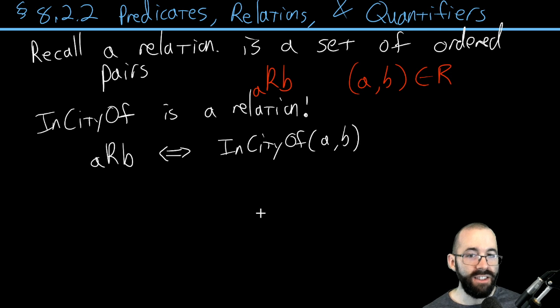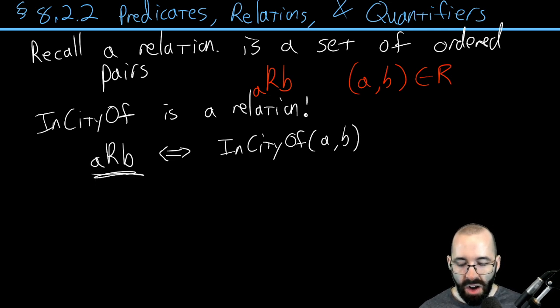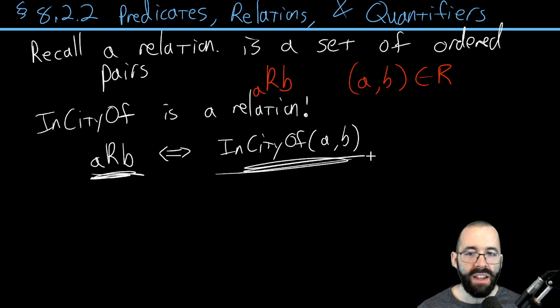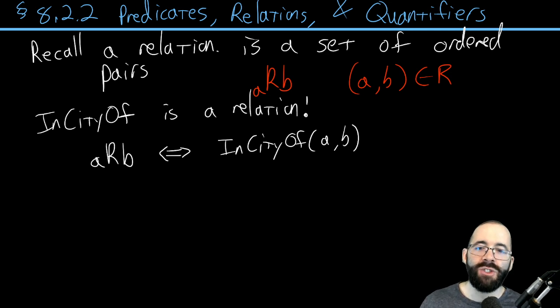This is a tautology. This is always true. If we made a truth table for all the different values of A and B, we would see that yes, this is always true, because when one is true the other is true, and when one is false the other is false. That's not really great English, but you know what I'm saying. So this is always true. This is an identity. This is a tautology.